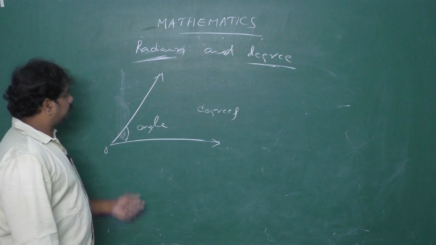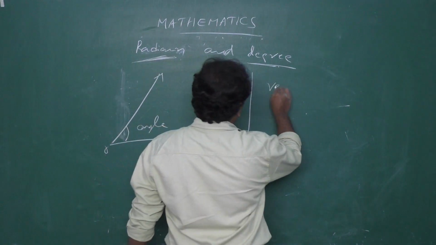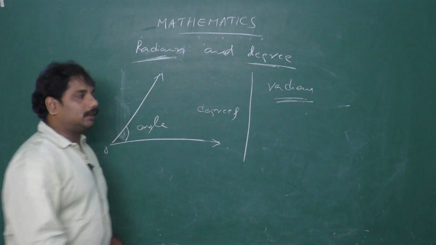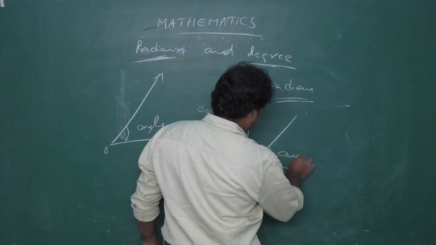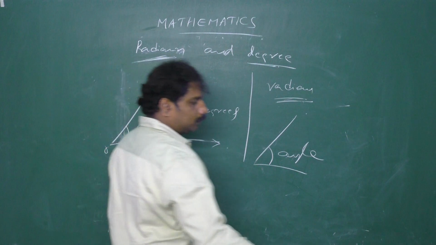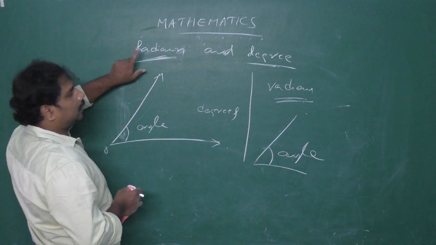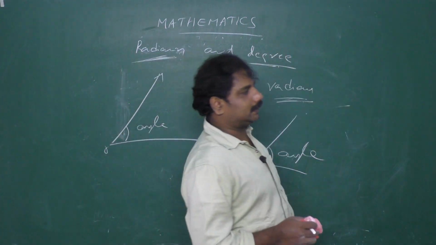So what is this radian then? That is also a measure of angle. We have three systems: radian, degree and gradient system.